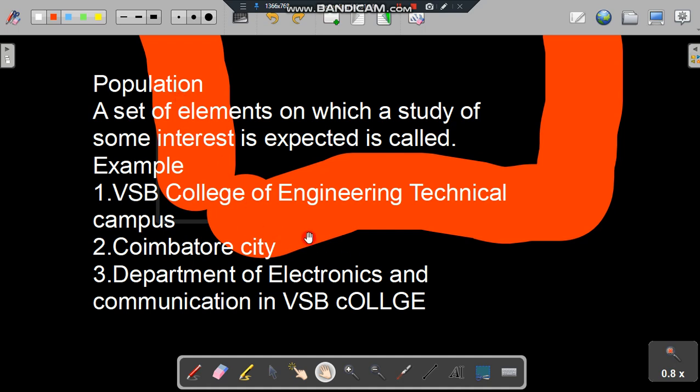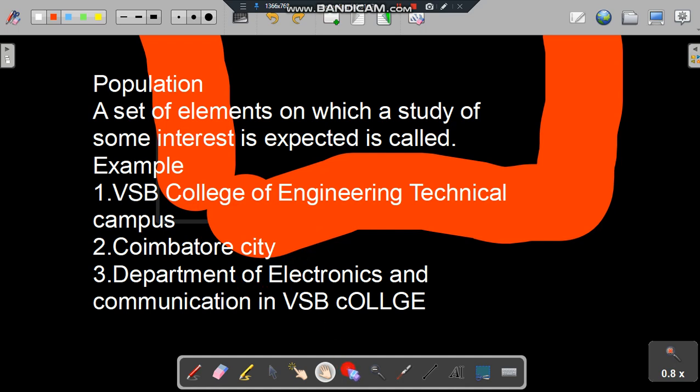The next example for a population is Coimbatore City. That means the group of citizens in Coimbatore City, we call it a population.